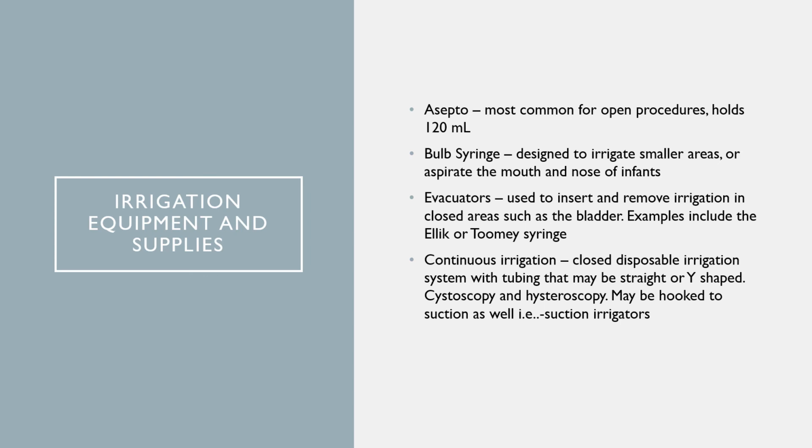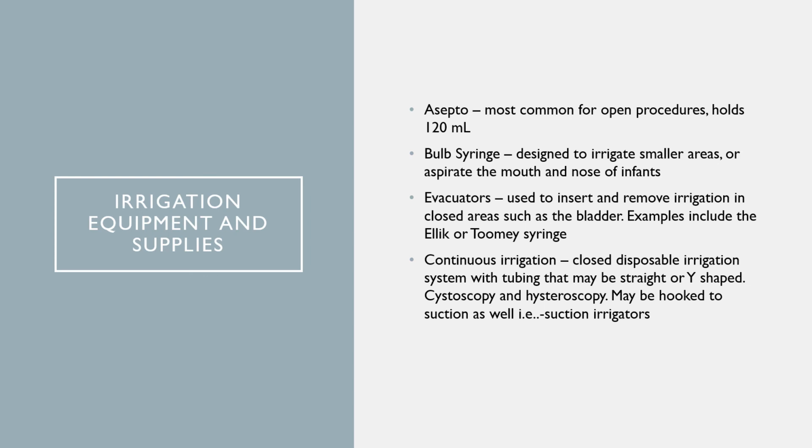It's that small blue pliable one. And then there's a couple of evacuators that we use to insert and remove irrigation in closed areas, mainly the bladder. And the two examples that I want you to be familiar with are the Ellik and the Toomey syringe. And we'll have some pictures of these on the next slide.